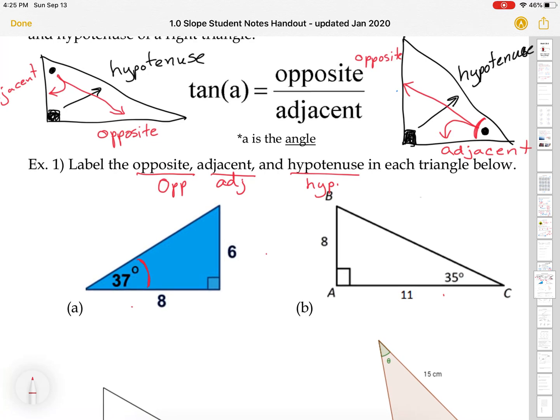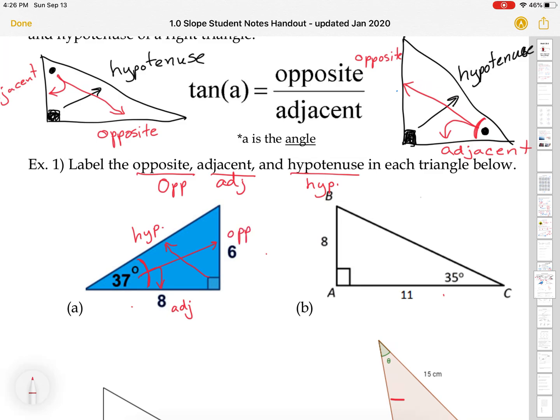From 37, first let's label our hypotenuse. It's always the big one, right? It's the one opposite the square. With 37, the one right next door is the adjacent, and the one opposite is opposite.